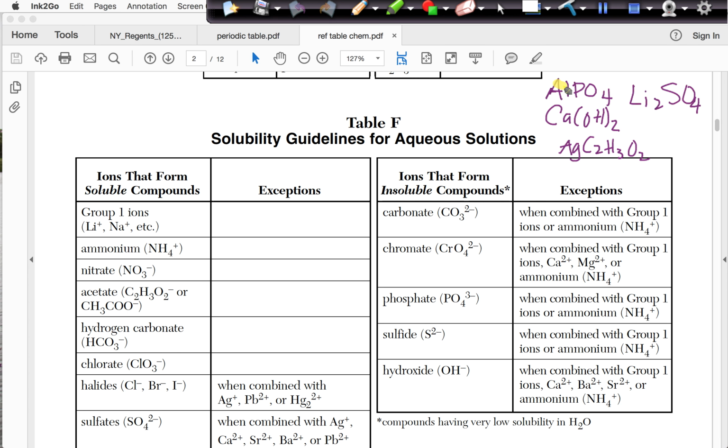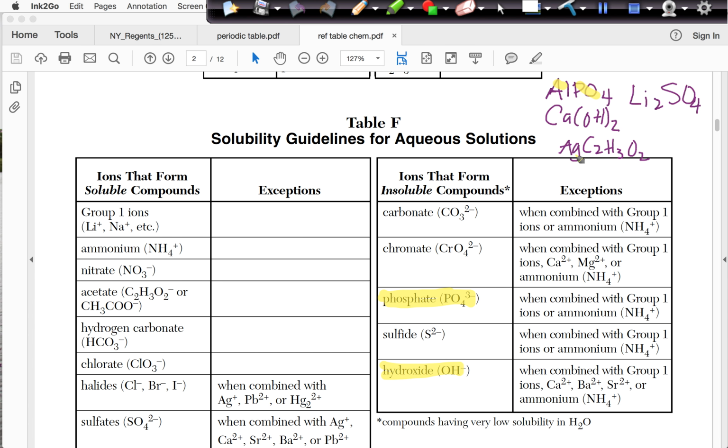So for AlPO4, I'm going to look up aluminum in the first column, which I can't find. And then I'm going to look up PO4 in the first column, which I have here. For calcium hydroxide, I'm going to look up calcium in the first column, and then hydroxide in the first column, which I have here.